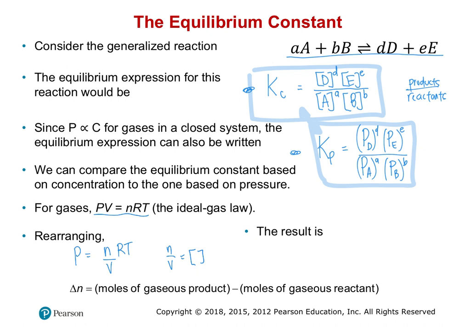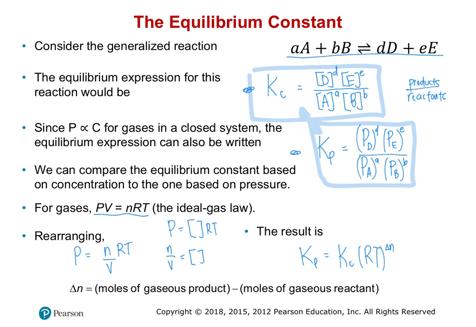So pressure equals the concentration times RT. So what we end up knowing is that Kp is equal to Kc, the constant, times RT to the change in moles of gas.